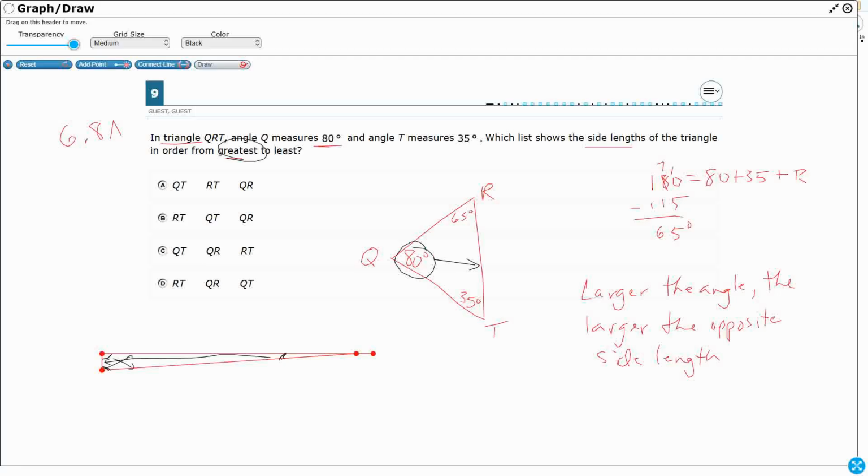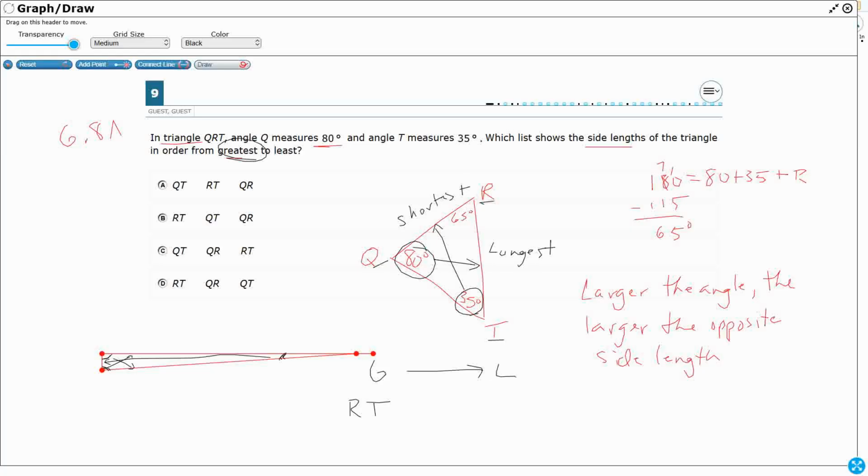So I need to go from greatest to least. So that's my longest. And so I'm just going to label this side length RT. Okay, greatest to least. T, excuse me, is my shortest. Now, this picture doesn't really pick it up because this isn't a 35-degree angle. But let's just look at our numbers. So that's our shortest.